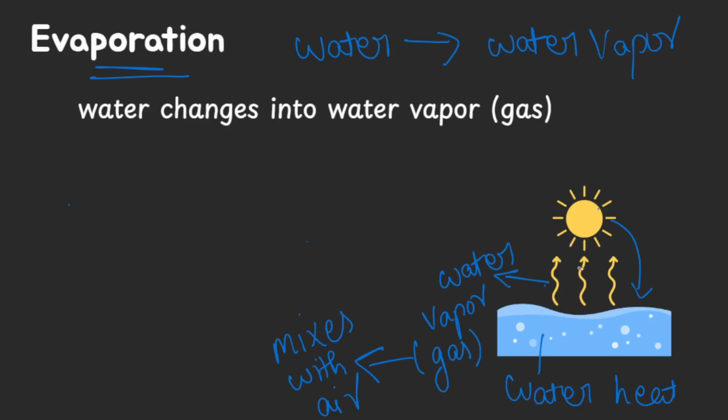This hot gas, known as water vapor, mixes with the air. This is known as evaporation.